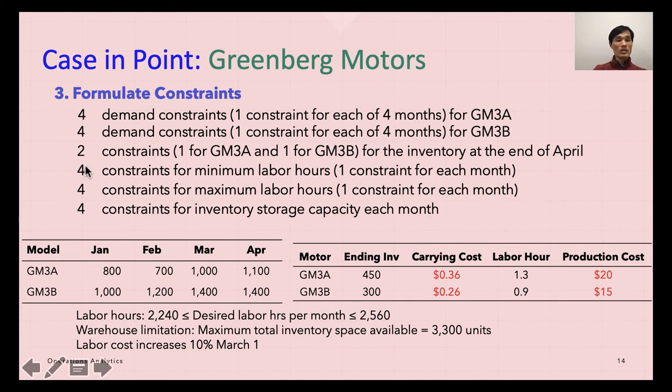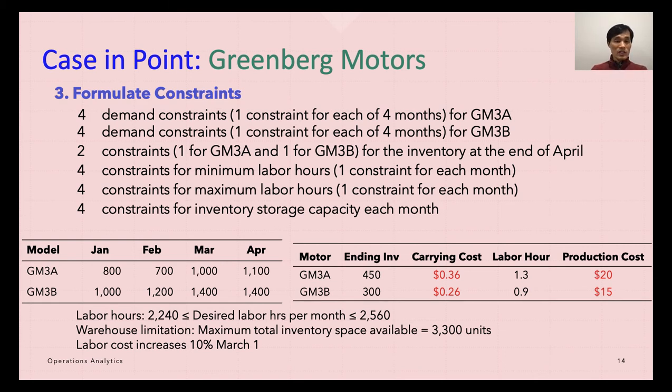So in total, we have 22 constraints. That is a large number of constraints, and a linear program can handle hundreds of constraints. That's why it is so powerful, and it's being used in many areas in business and in real life.